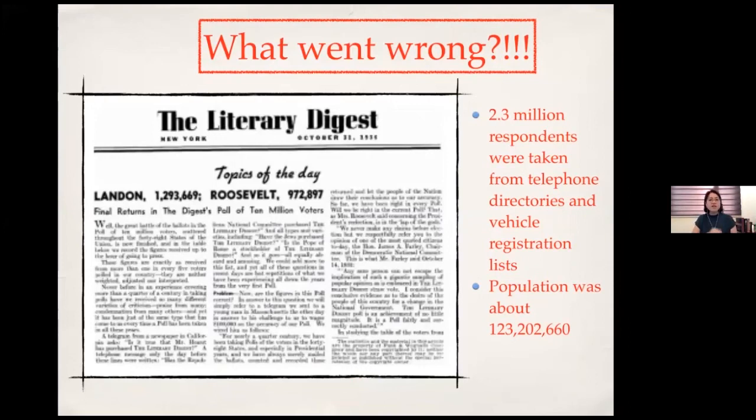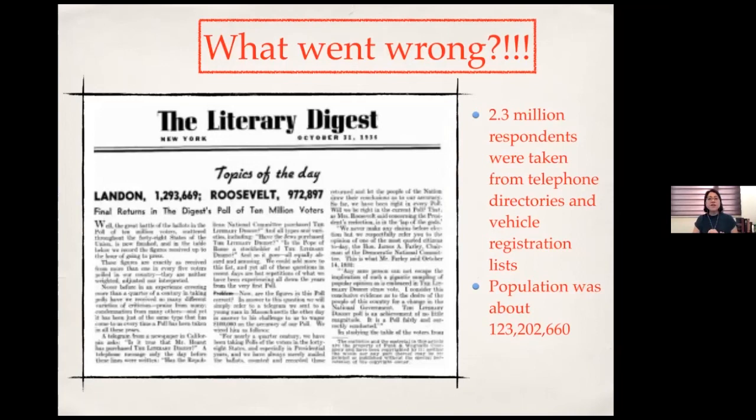However, they got the respondents from telephone directories and vehicle registration lists. So they went to LTO, PLDT, Smart, Globe, and got the names. The problem is, what do those who have telephones and vehicles have in common? They're the richer ones, and most of the time they are white Americans.